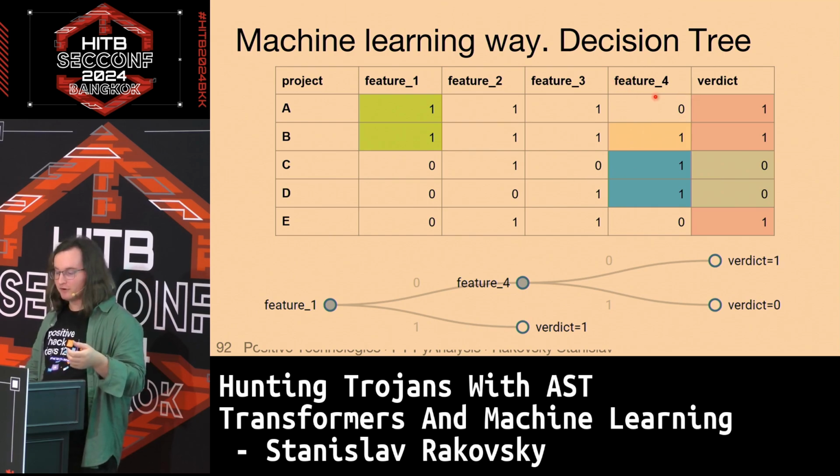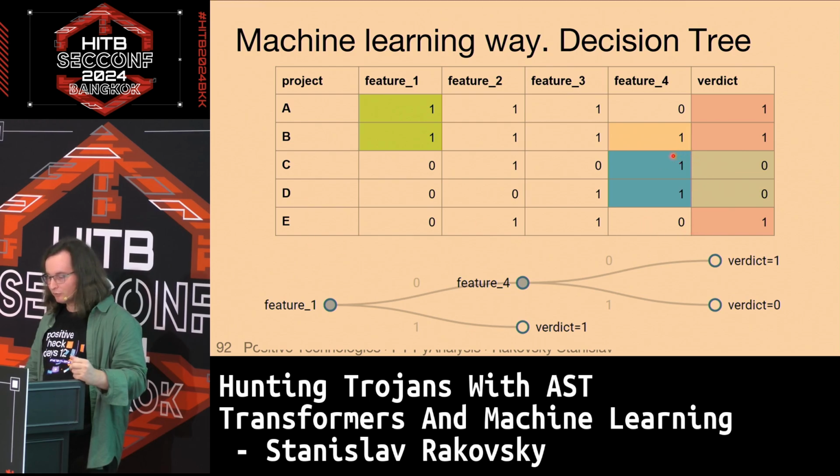So if feature 1 is present, it leads to a malicious verdict. If not, we look at the value of feature 4. For the non-malicious packages on the left branch, feature 4 is true, so it would be benign, as we can see on the tree, and the absence of this feature leads to a malicious verdict.